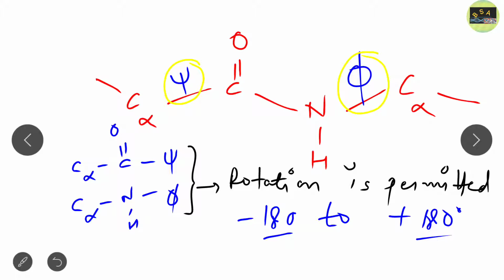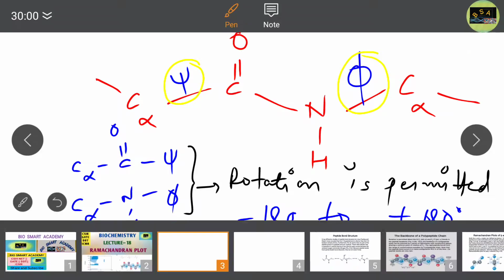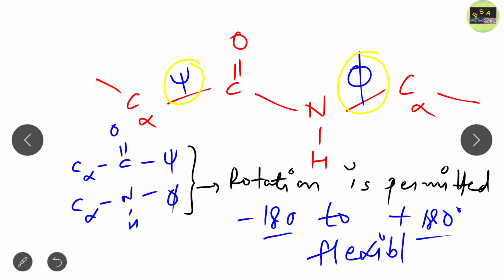Due to this rotation, the structure of the protein becomes flexible. Clear? So these are the angles where rotation is permitted. The rotation is permitted about C alpha N and C alpha C, and rotation about these bonds is described as torsion.